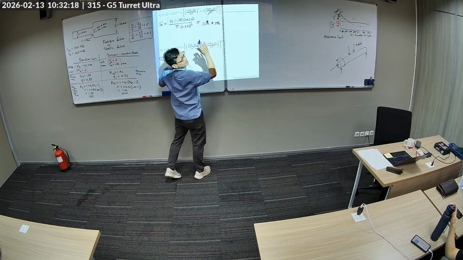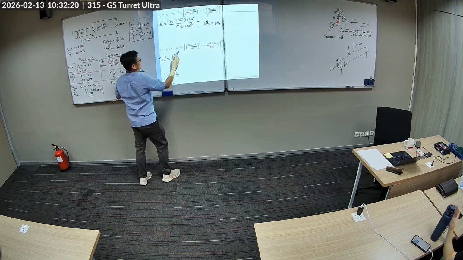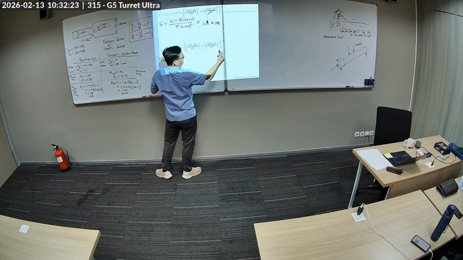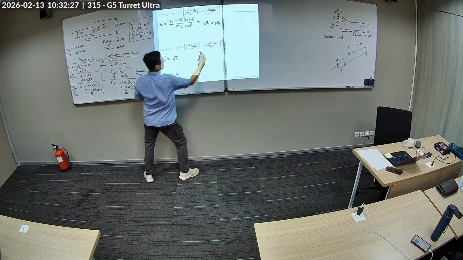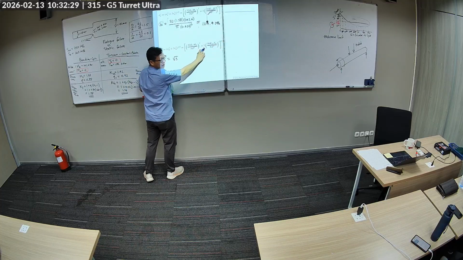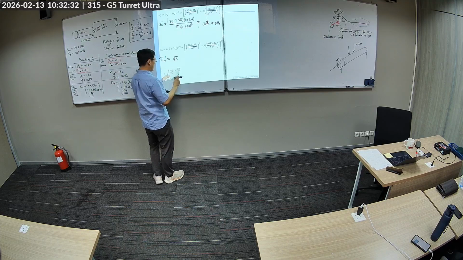So the power of half means square root, so that cancels out. This entire quantity is to the power of half, which means a big square root. But you have the constant 3, and that's why it comes out like this.